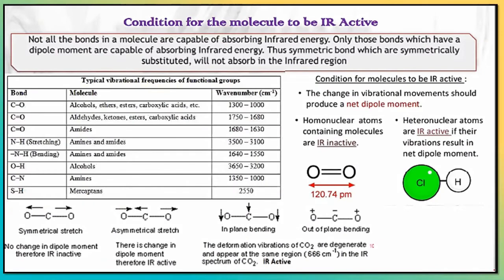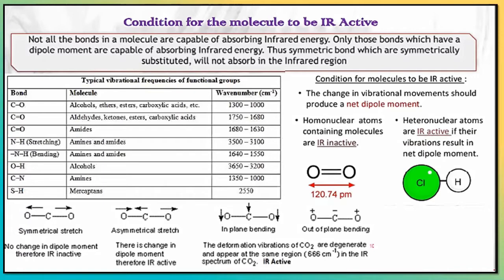What's next? In this slide we come across an important point: the conditions for molecules to be IR active. Not all molecules will be IR active; there is selective activeness under which the IR spectrum occurs. All molecules do not have the capability to form IR spectra, only selective molecules do.